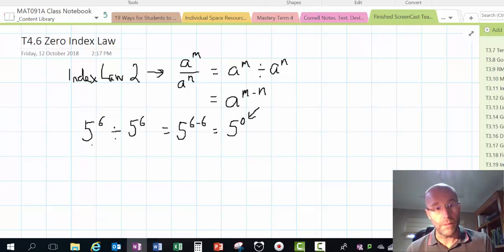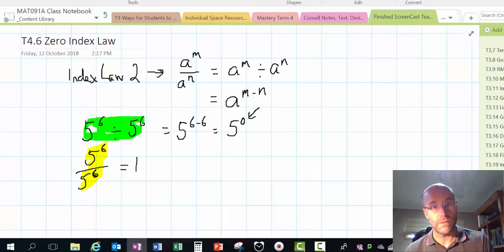Another way of looking at 5 to the 6 divided by 5 to the 6 is this: anything divided by itself, whether it's in this form or this form, equals 1.